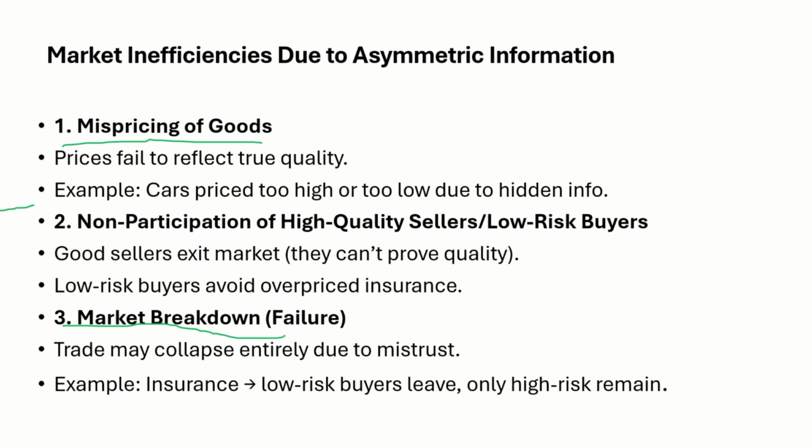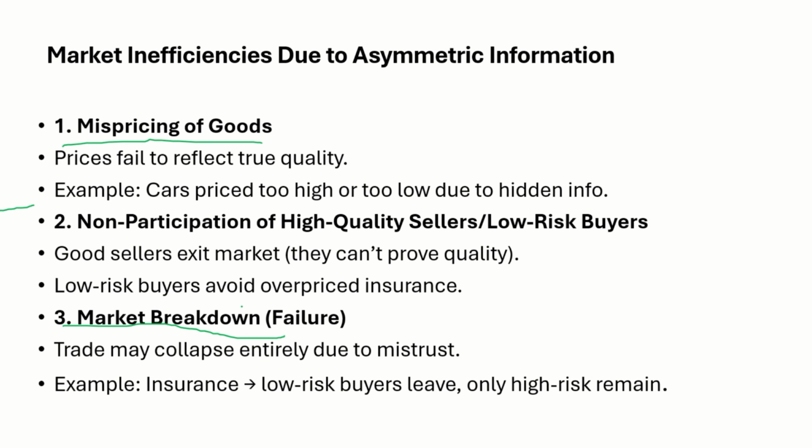If an insurer cannot accurately assess the risks of customers, they may set premiums too high or too low. Either way, this leads to inefficiency. In some cases, it could push healthy individuals out of the market entirely, leaving only high risk individuals to buy insurance, which drives up costs for everyone. Market breakdown is the worst scenario. If buyers cannot trust the quality of a product or service, they may stop participating in the market altogether. For example, the health insurance market could totally break down.